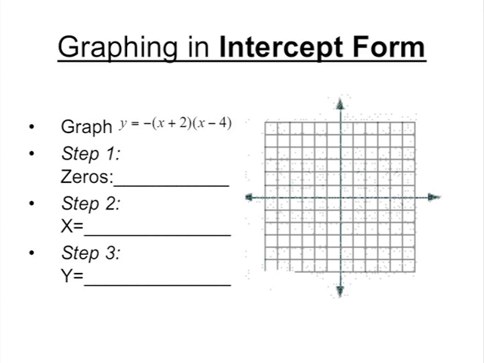Alright, so our first step is to find our zeros, our x-intercepts. And what are those going to be? -2 and 4. Those are both x values. They both go on the x-axis.